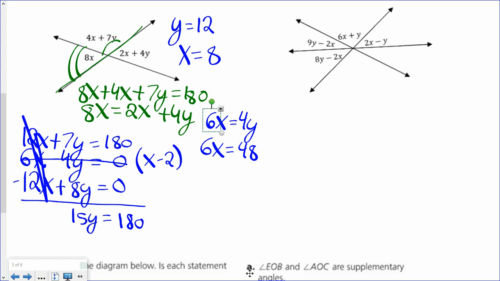The 12x plus 7y. Okay, so then 7 times 12, that's higher than I ever memorized. Is that 84? 84. So then you would do 180 minus 84 and then divide that by 12. Okay. Yeah, that's what I did wrong.